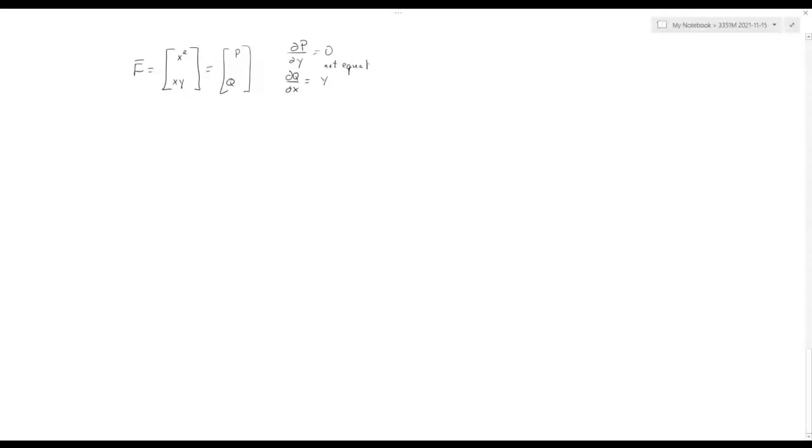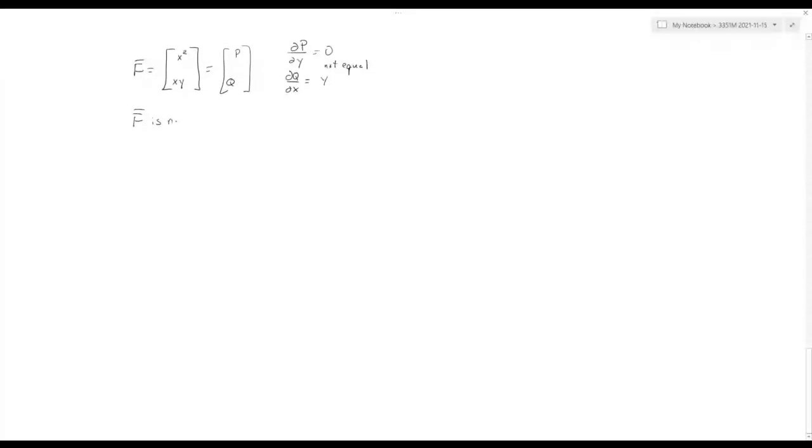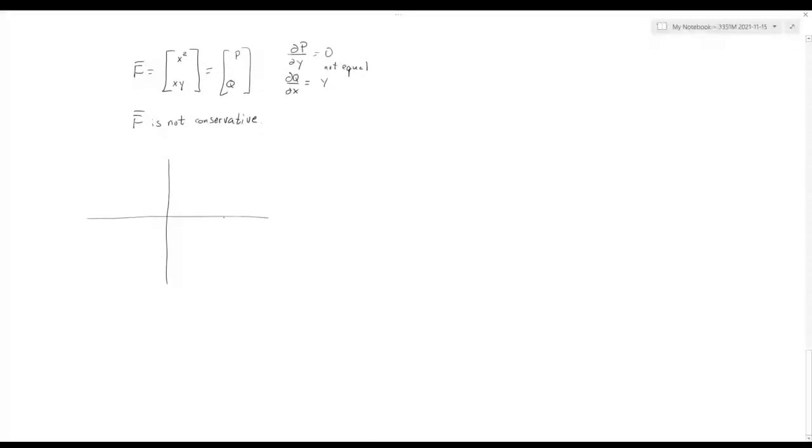So our vector field is not the gradient of some C2 function, some smooth function, little f. So our vector field F is not conservative. So if you want to do a work integral, you can't use the fundamental theorem of calculus, right?